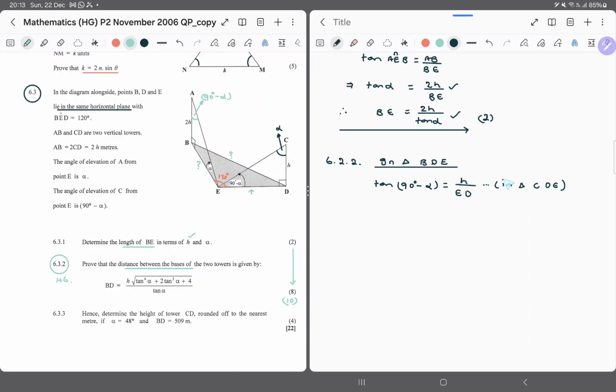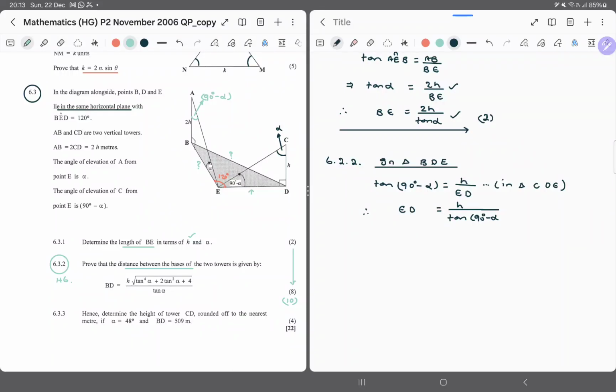Okay. Of course, you don't need to explain this. Someone who sees what you're doing understands it perfectly. But you're just trying to say that even though we are talking about this triangle, we can actually bring in this other triangle because there's a common side there. You can say, therefore, our ED is essentially h over tan of 90 degrees minus alpha.